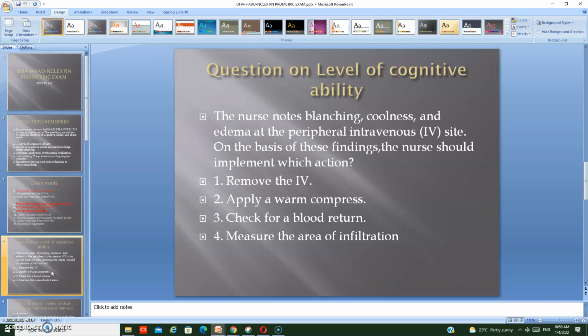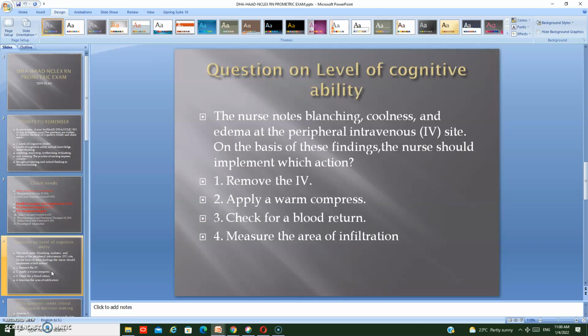Okay, you have four options. So what is the question asking? Now you are with a patient who has an IV cannula with an infusion ongoing, and you find that the site is cool when you touch it, and you can see there is edema and blanching. Are these normal or abnormal symptoms?